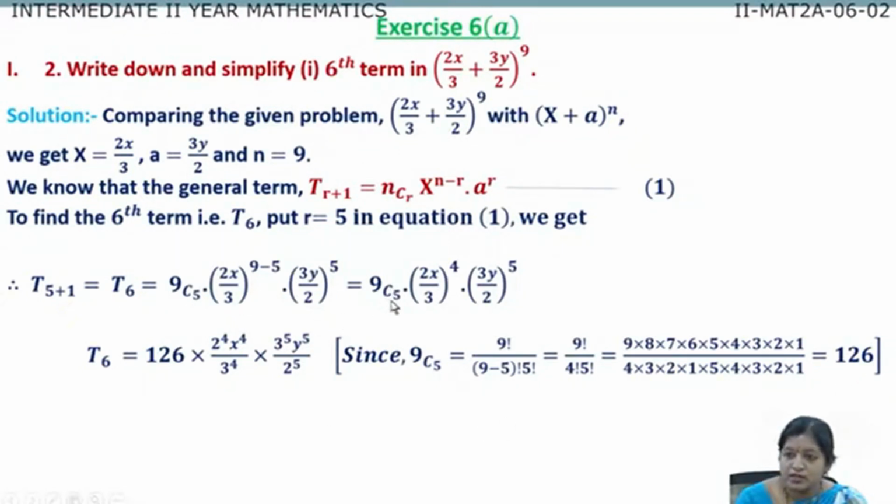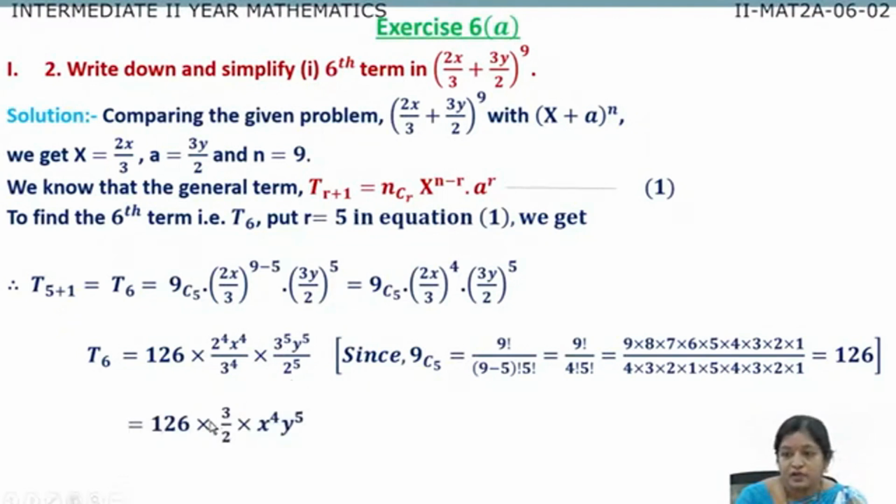So substituting 9C5 value as 126 and writing separately the powers to each individual term. This power 4 applies to all three terms inside, so writing separately we get 126 into 2 power 4 into x power 4 by 3 power 4, into, similarly, this power 5 applies to all three terms in this bracket, so writing separately, 3 power 5 into y power 5 by 2 power 5.